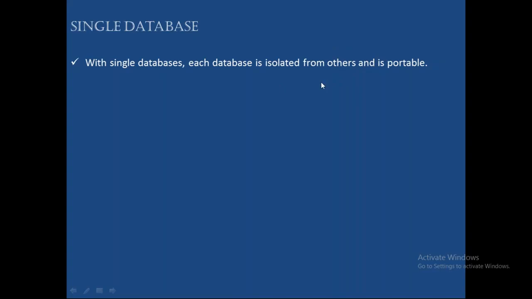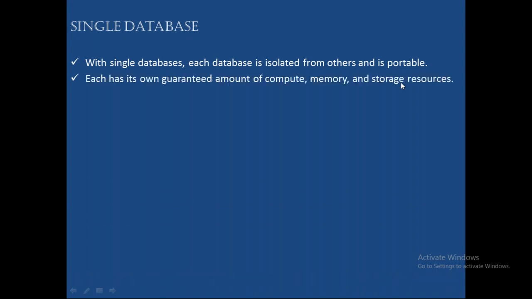And portable means you can move it from one place to another, or you can increase or decrease the memory and compute. Anything you can change. Next, each has its own guaranteed amount of compute, memory, and storage resource.